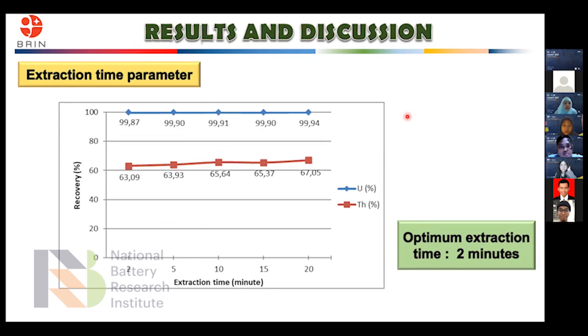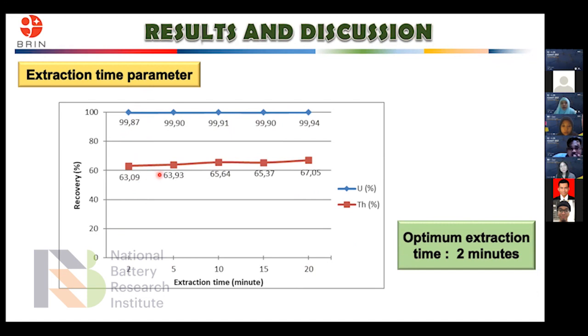And the last extraction parameter, time. From this figure, it can be seen that at 2 minutes of extraction time, the recovery of uranium had already reached 99.87%, and with increasing extraction time up to 20 minutes, the recovery tends to remain in that range.